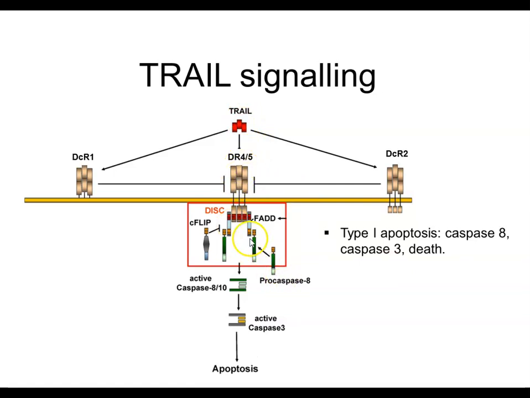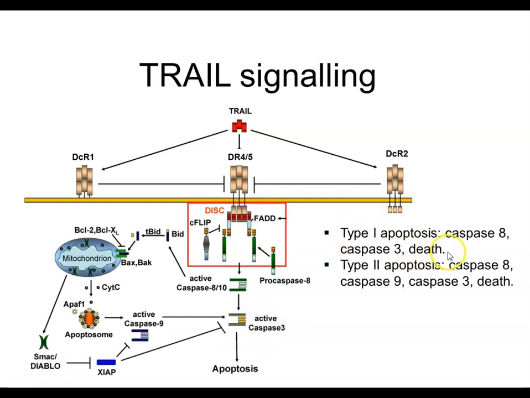That results in initially recruitment of procaspase 8 to what we call the death-inducing signaling complex, where we trimerize the death receptors. We bring in 3 FADD proteins. That recruits procaspase 8. Procaspase 8 sort of self-activates, produces active caspase 8. That activates caspase 3, and that induces apoptosis.